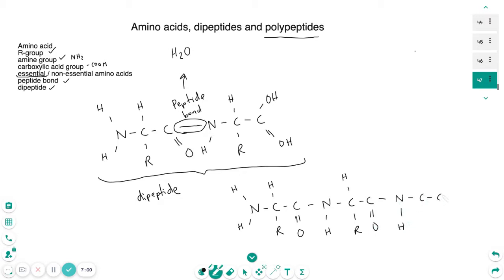And C. There's our R group. Now we're forming a polypeptide with many amino acids joined together. And this is what's happening at the ribosomes. This is where protein synthesis is taking place. So again, just like with all the other molecules, practice drawing it until you can do this without looking at any answers. Good luck with it.